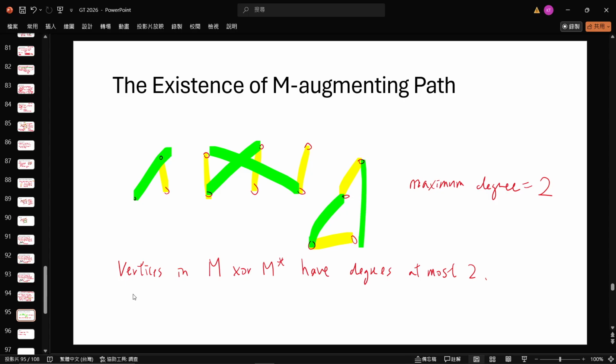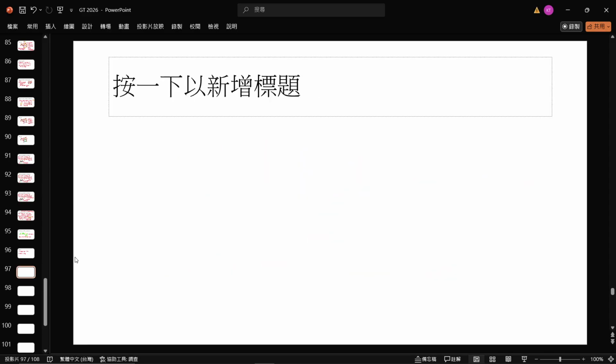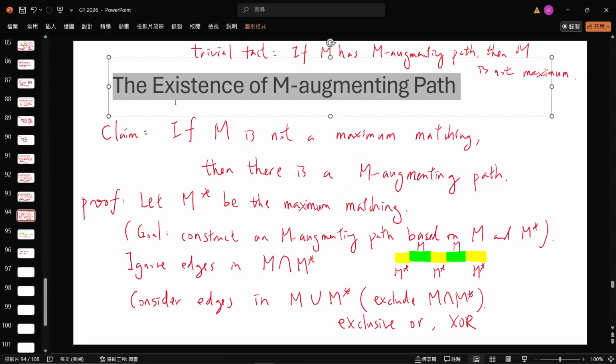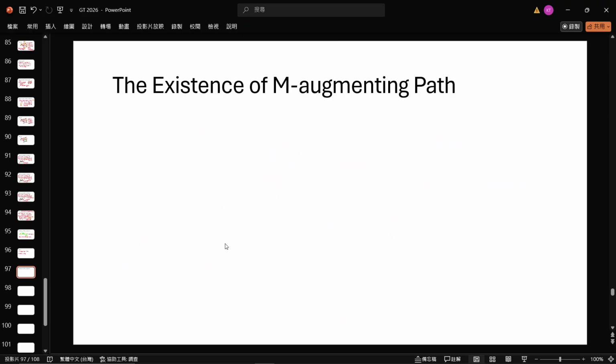Then what would the components look like if every vertex has at most 2 neighbors? 所以如果一个 graph 里面每一个点它都只有2个邻居，那这个图里面的 component 画起来会长怎么样？最多只有2个邻居。So actually there are only 2 possibilities.